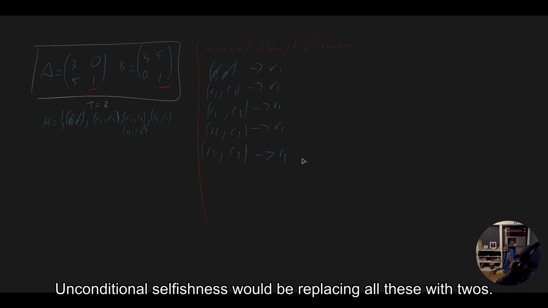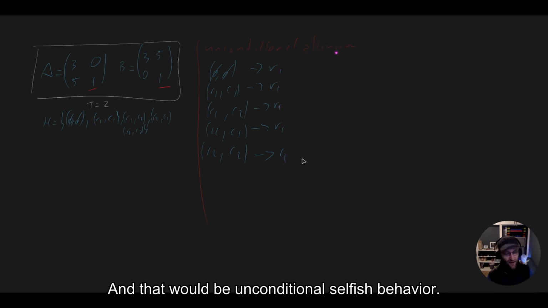So that means always act altruistically. Unconditional selfishness would be replacing all these with 2s. Okay, and that would be unconditional selfish behavior.